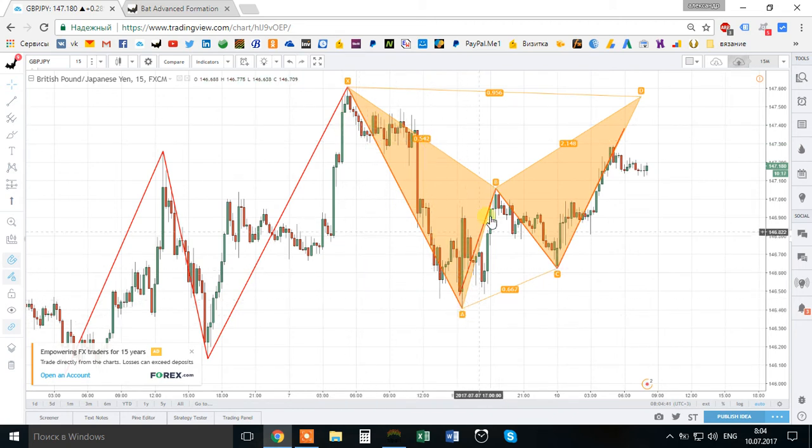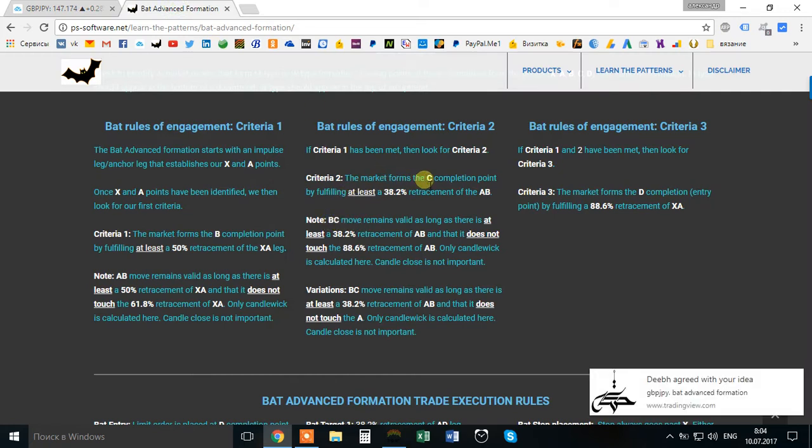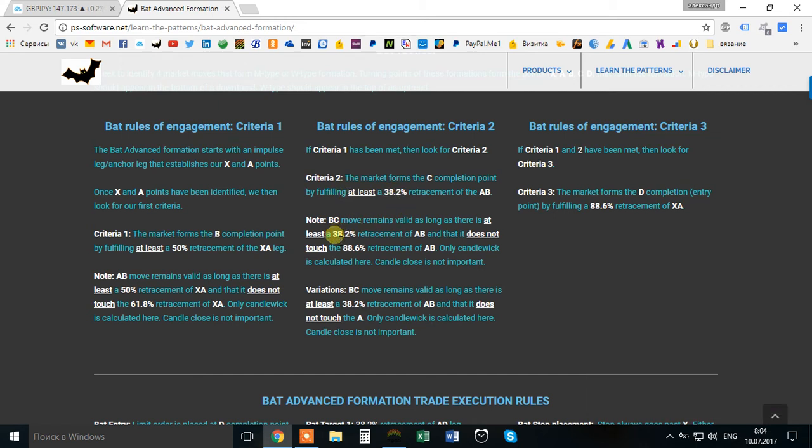Let's go to criteria number 2. Criteria number 2 is the C point. And the C point criteria says that the completion point starts from 382. And it remains valid if the price stays within the 382 and 886. But there are some variations. It should stay from 382 to A. I trade that second variation.